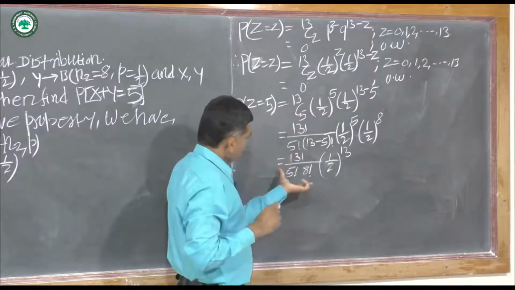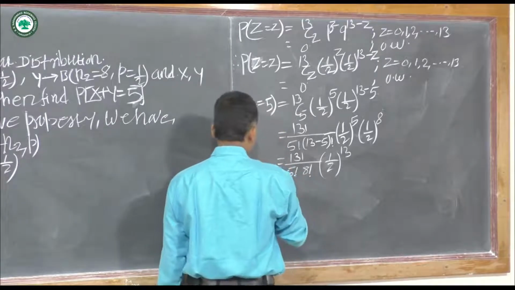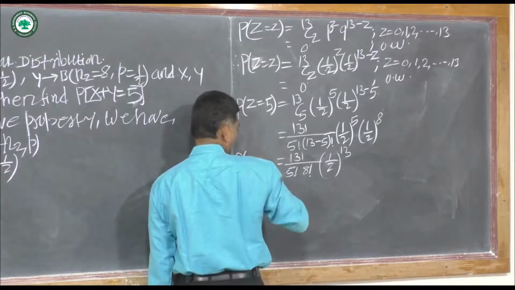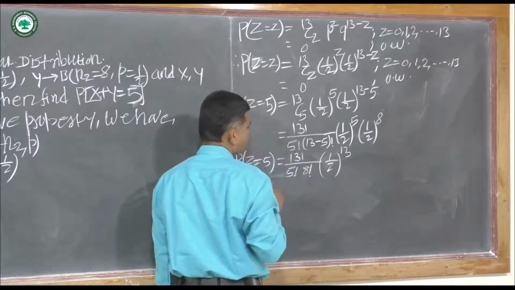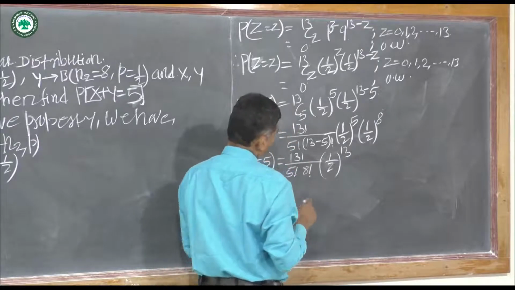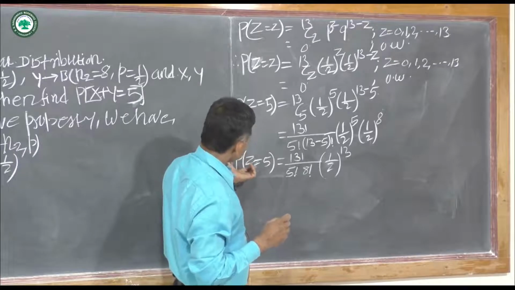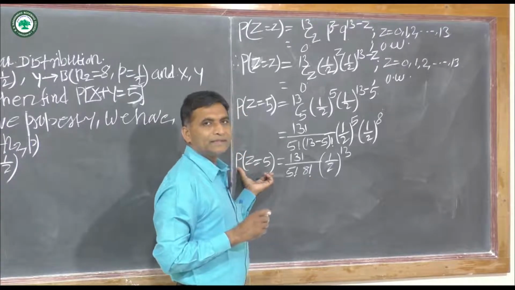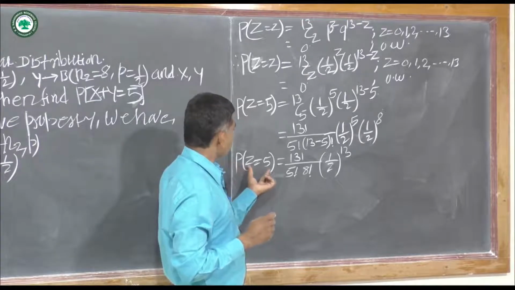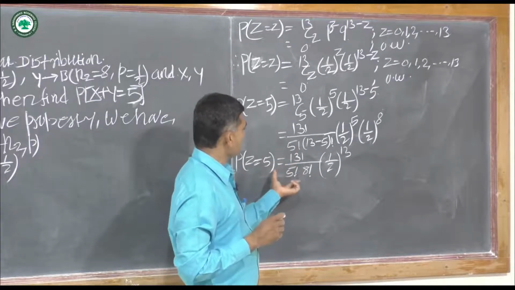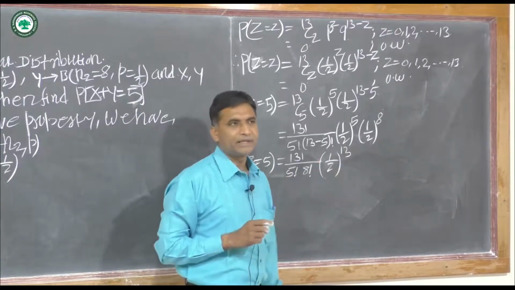Then solve this, we will get the required probability, that is probability of Z equal to 5, where Z is equal to x plus y. That is the probability of x plus y is equal to 5, which is equal to 13 factorial upon 5 factorial into 8 factorial into 1/2 raised to 13.